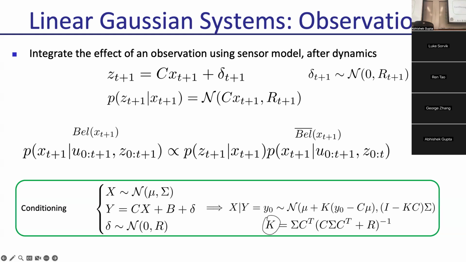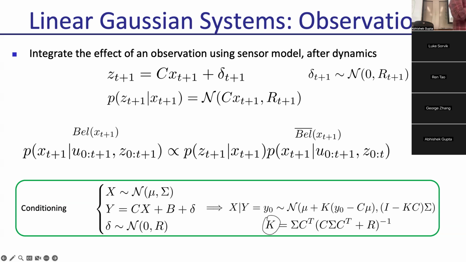So we can think of this as a function of the variance of X, which is sigma, C, which is the scaling variable between X and Y, and R, which is the noise that you add additionally from that delta variable. Right? It's a function of those things.